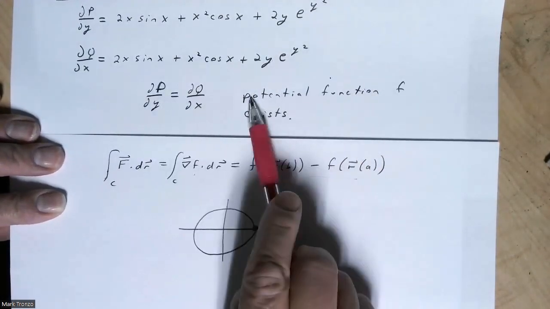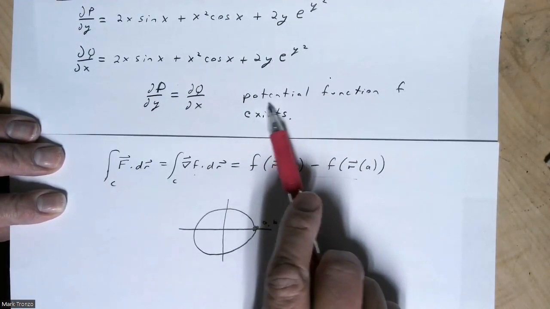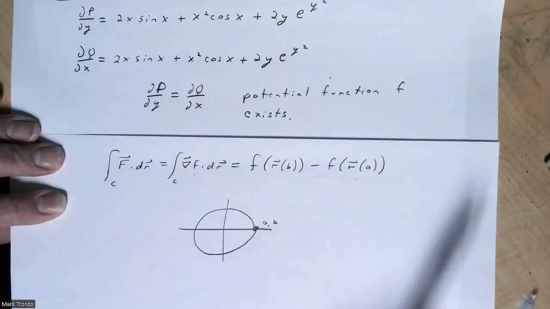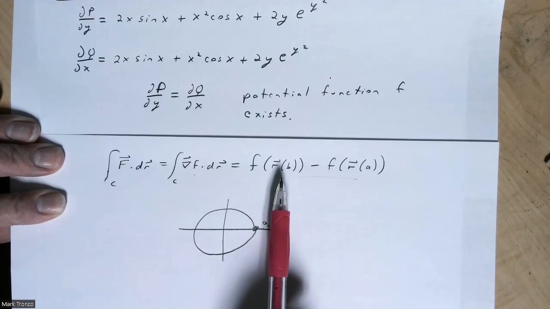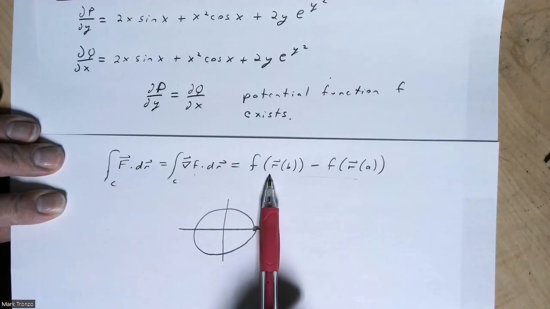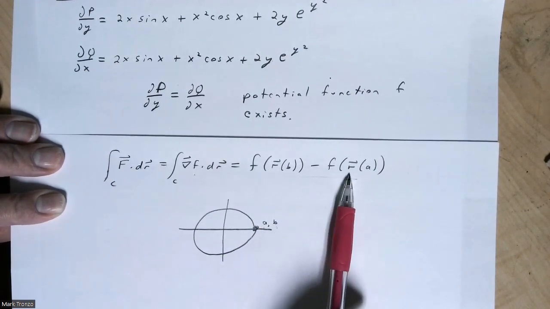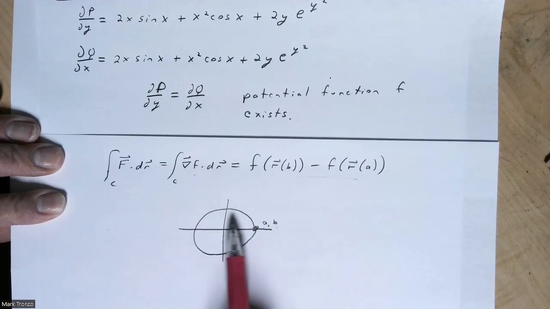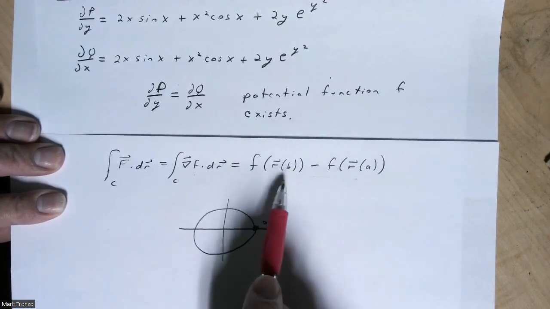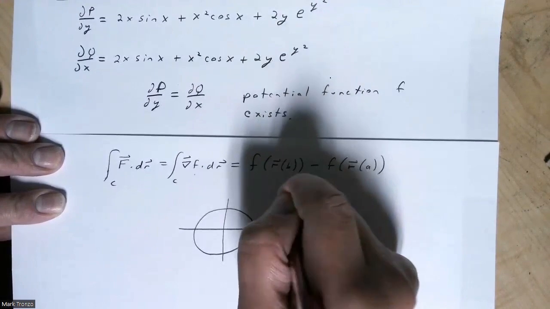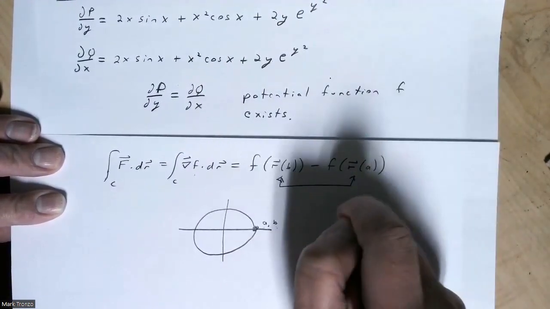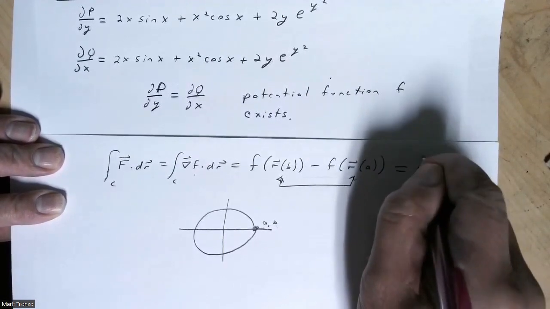So once we have verified that we have a potential function, we really don't even need to find it, because if we evaluate our function at the endpoint minus the evaluation at the starting point, it's going to be 0 on a closed curve because these two are going to be the same. So our answer is going to be 0.